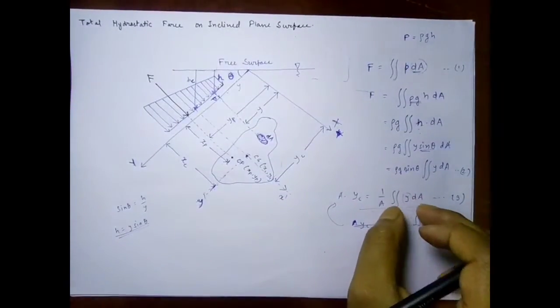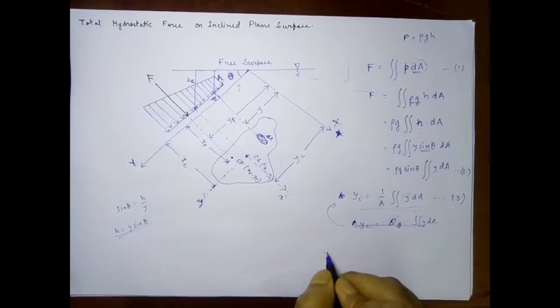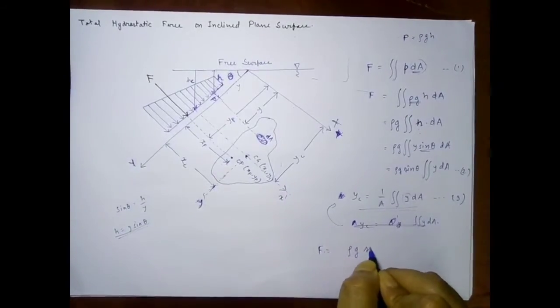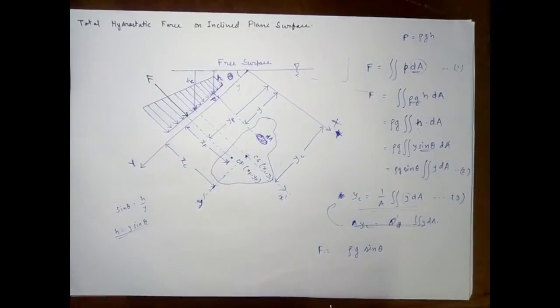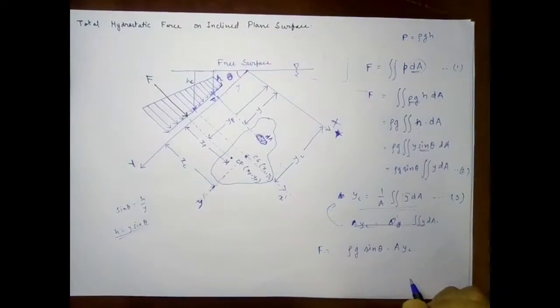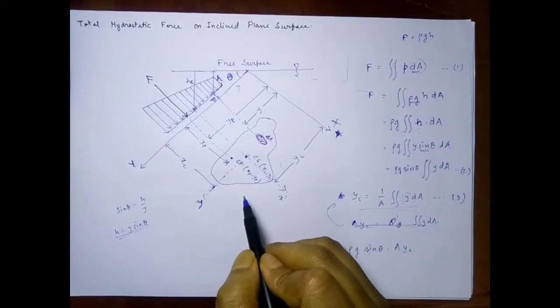So I can substitute this value over here, and thus I will get force F equal to rho g sin theta times A yc. And so yc sin theta, where's yc?